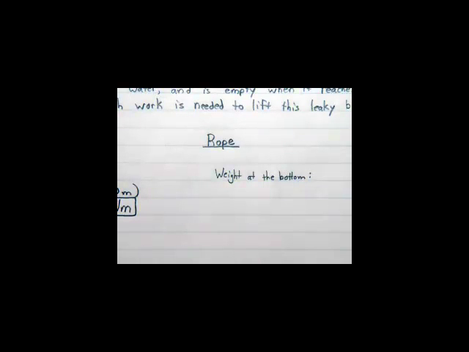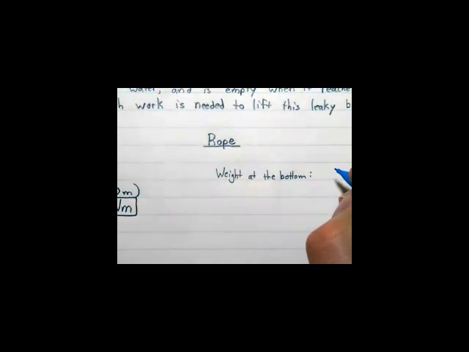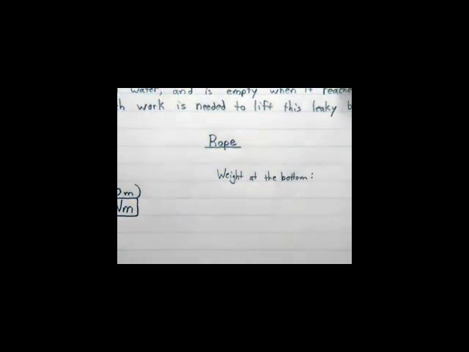So how much does that rope weigh? 6 newtons? And how'd you come up with that? I multiply how much the rope weighs by meter by 20 meters, which is how far you're lifting the bucket.